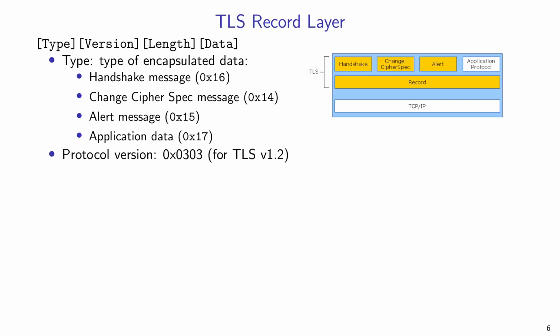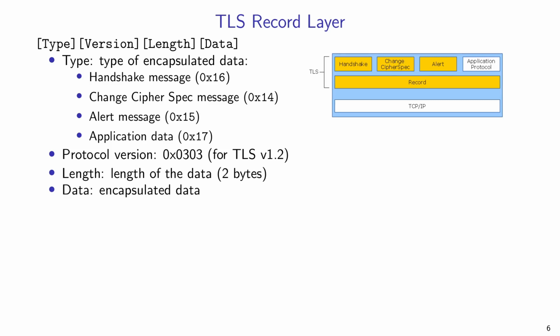The version field contains the protocol version encoded using 2 bytes. TLS version 1.2 uses these 2 byte values. The length field encodes the length of the data using 2 bytes. This means that the maximum size that one TLS record can carry is up to 65 kilobytes.